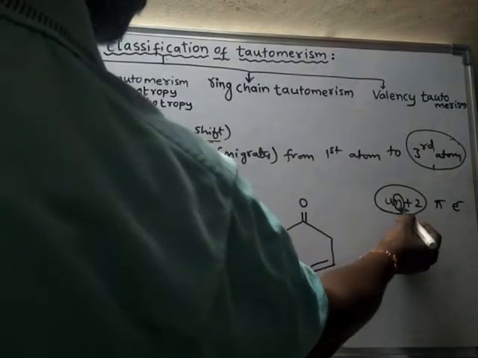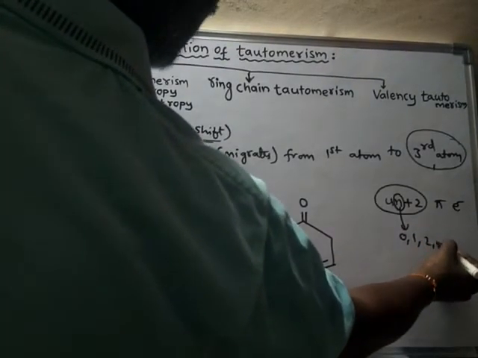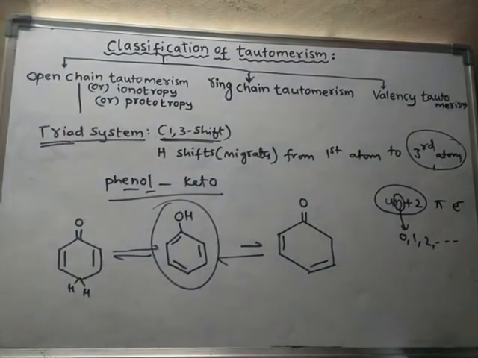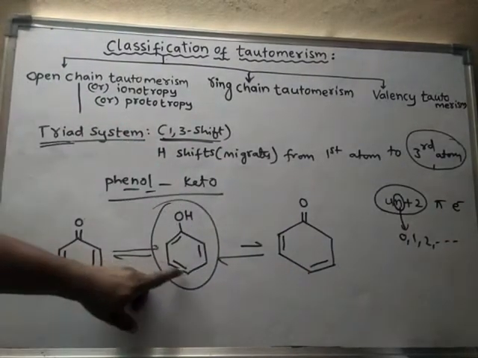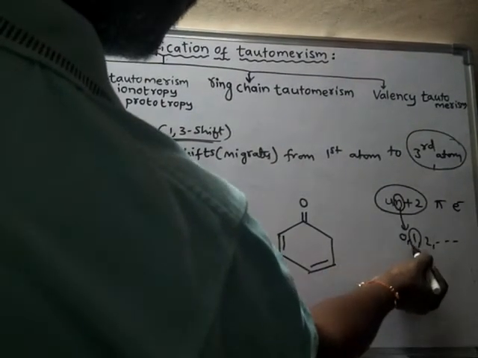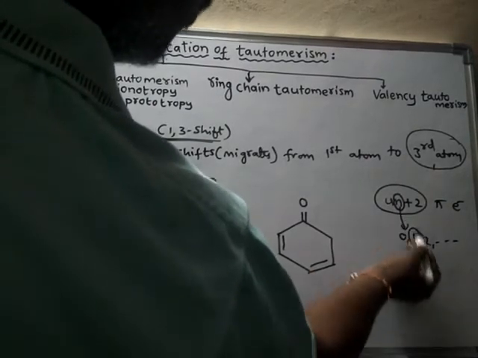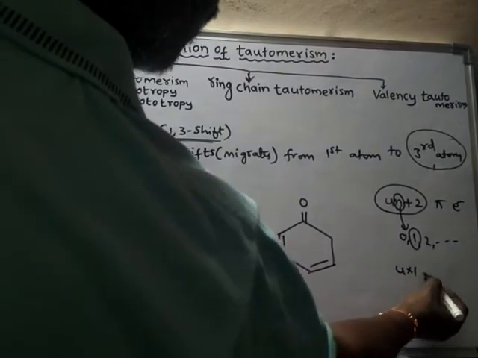It may be 0 or 1 or 2 or like that, which indicates the number of rings in general. So here how many rings are present? Only one ring is there. So that means the n value will become 1.